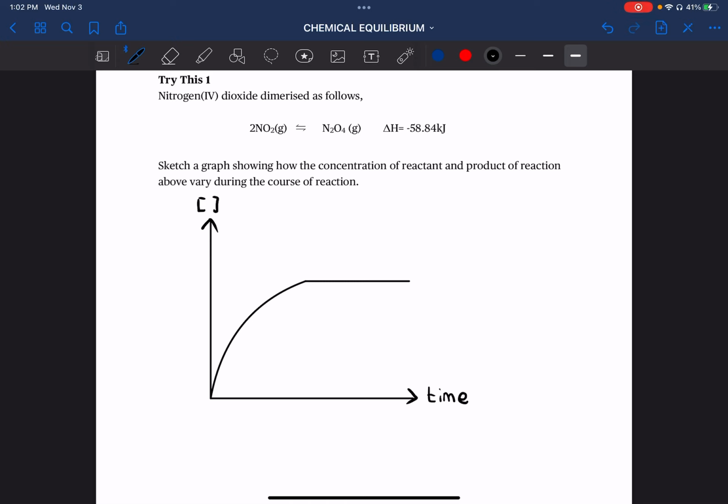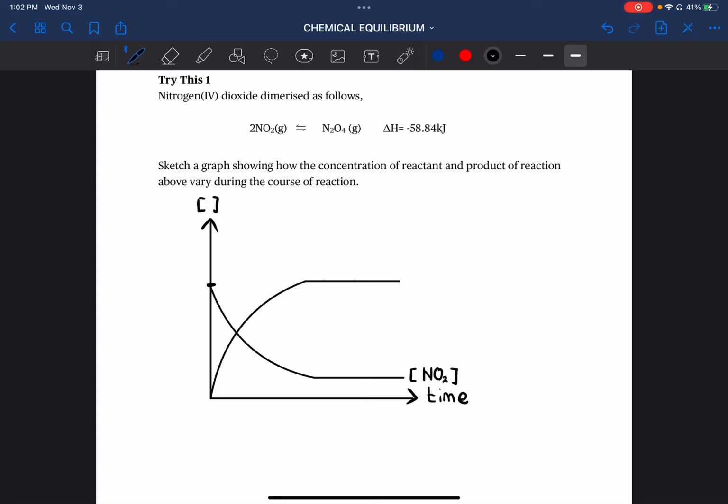Okay. Sepatutnya dia bersambung. Okay. Okay, bentuk gunting. Jangan lupa label. Okay, this is the initial concentration. Okay, so this is for kita punya reactant lah.